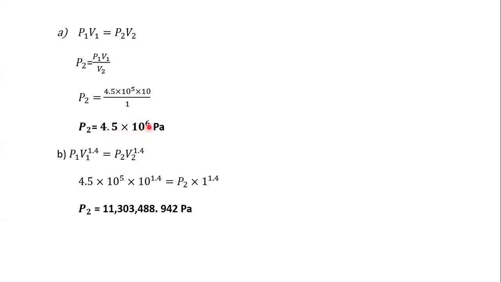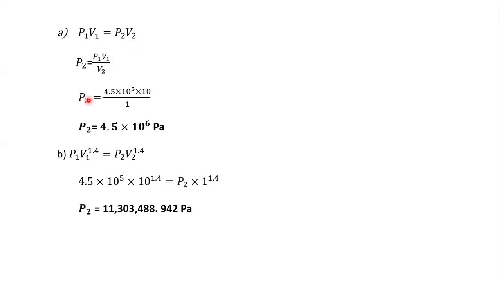Let me go through that again. I have P1 V1 equals P2 V2. So just make P2 the subject of the formula. All I do is divide both sides by V2 so that I can remain with P2 on one side. So P1 V1 over V2. Then I have this, which is P2, which I'm looking for.